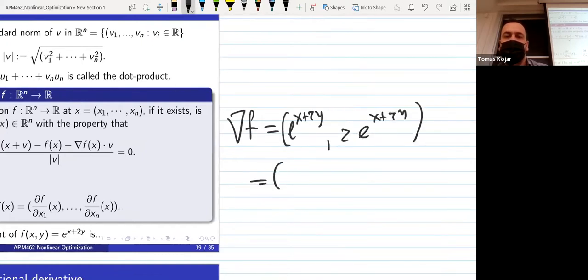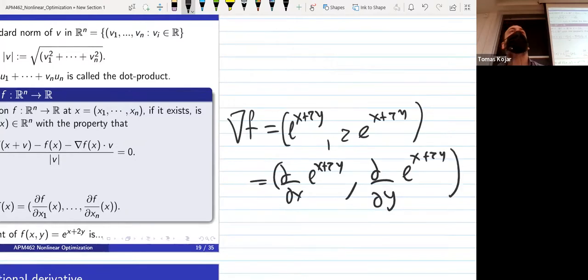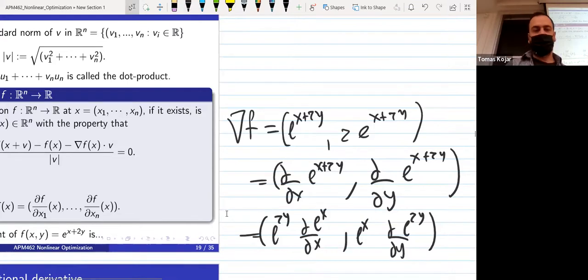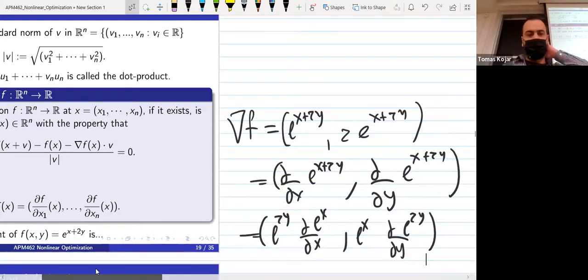The first one is d/dx, and the second one is d/dy. Then the e to the y comes out, and the e to the x comes out. That's all. I know you've seen this.